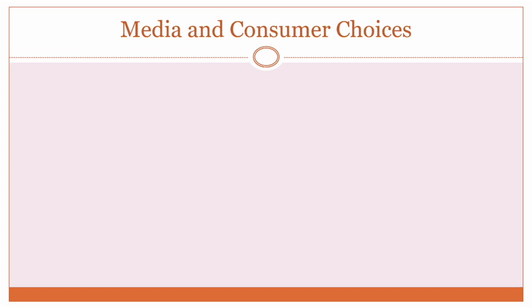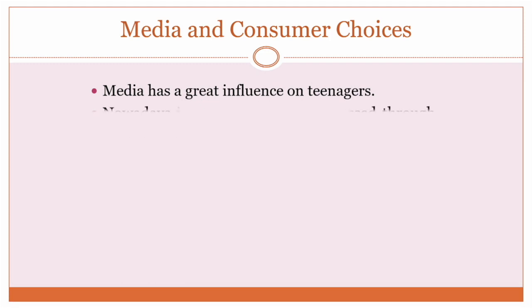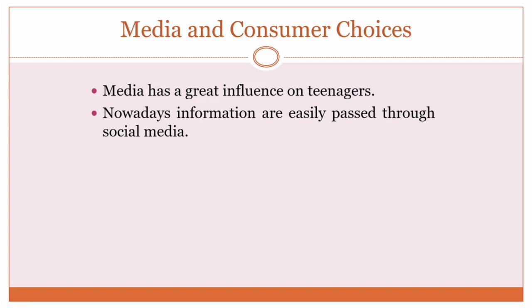Media and consumer choices. Media has a great influence on teenagers since they are easy prey to most of what they read and see. Information are easily passed through social media such as Facebook, Twitter, Snapchat, and Instagram.